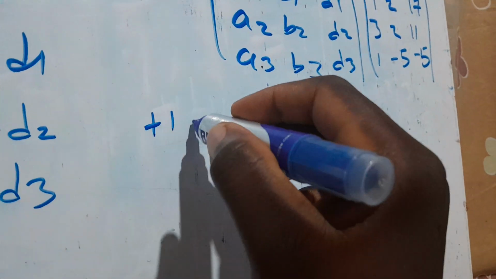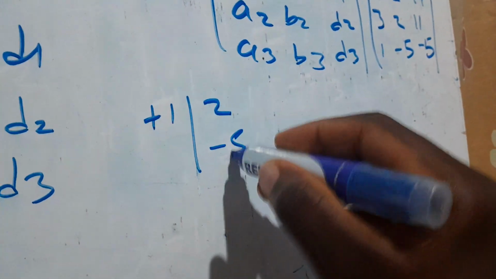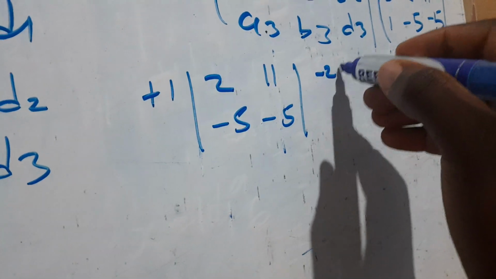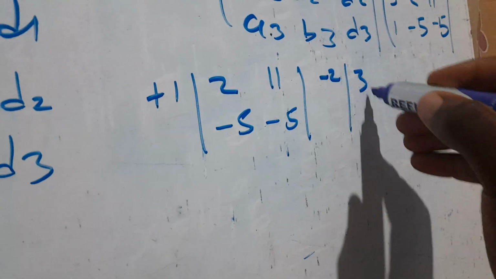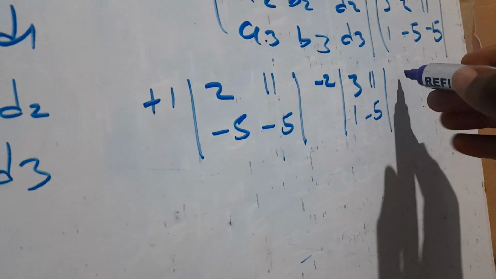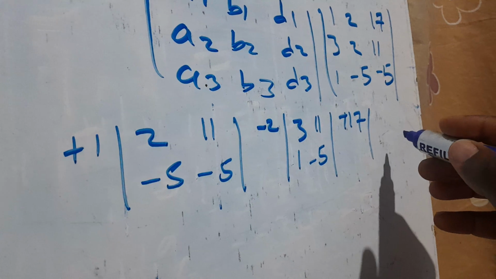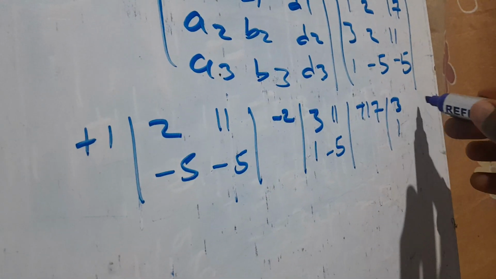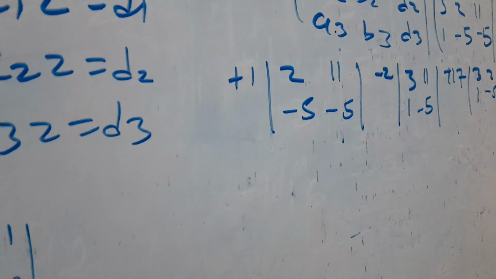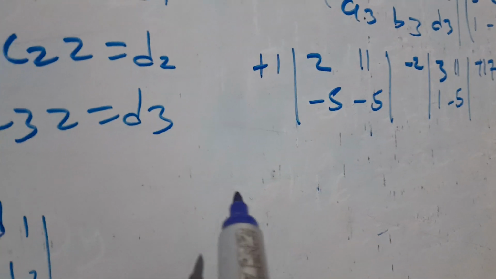We'll have +1. You cancel the row and the column, you will have 2 minus 5. You have 11 minus 5, and then you have -2. Cancel the row and the column, you have 3 minus 1, 11 minus 5, and then you have +17. Cancel the row and the column, you will have 3, 1, 2 minus 5. If you work out this one, you will find 45.